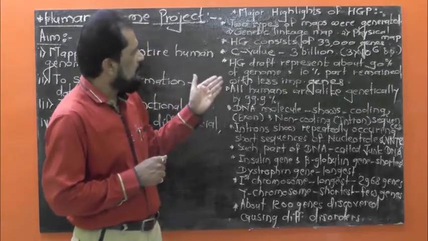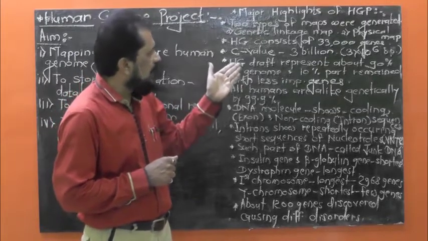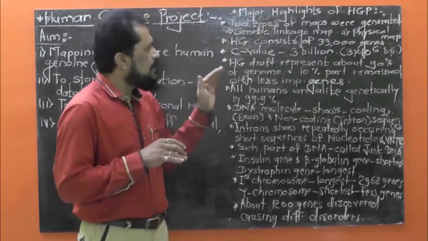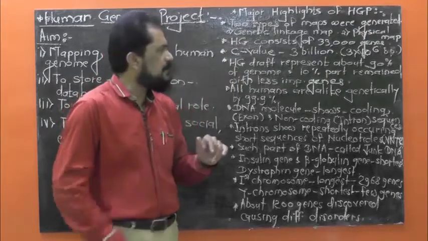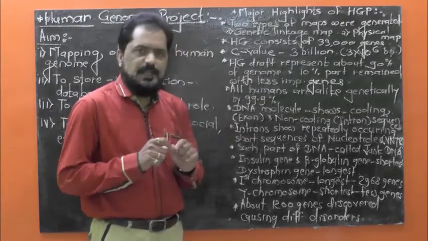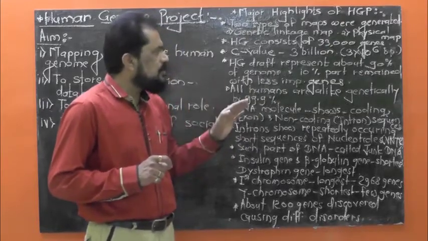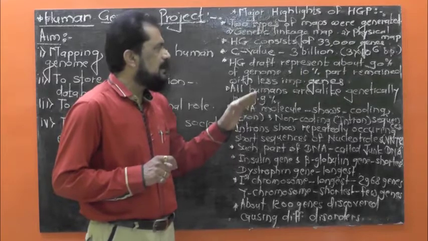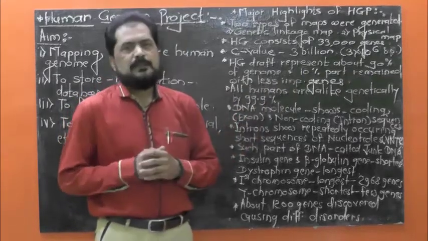So here the third important highlight is that the human genome draft represents about 90% of the genome and 10% of the genome remains with less important genes.